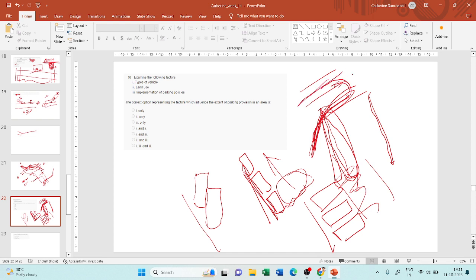But what mechanical parking is, you will have multiple levels, but you will just place your car here, and the mechanical system will automatically take the car to higher levels. It is basically how a lift works, right?